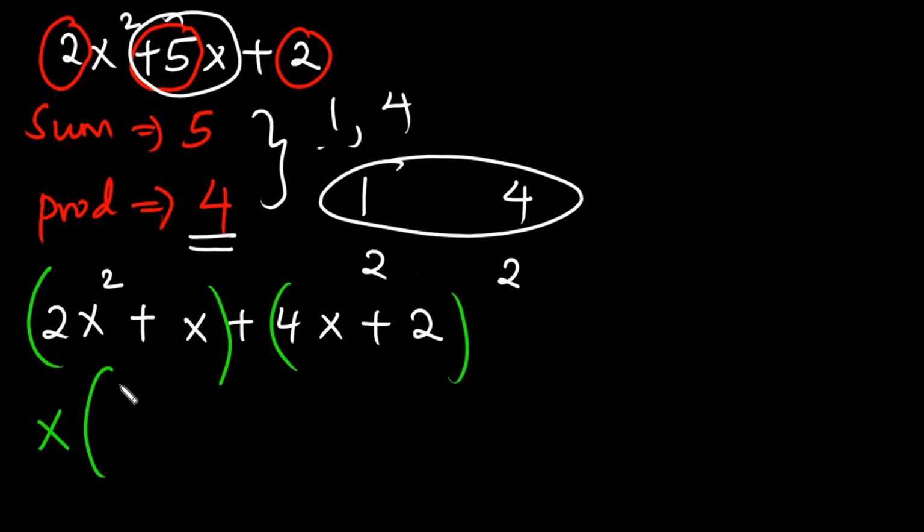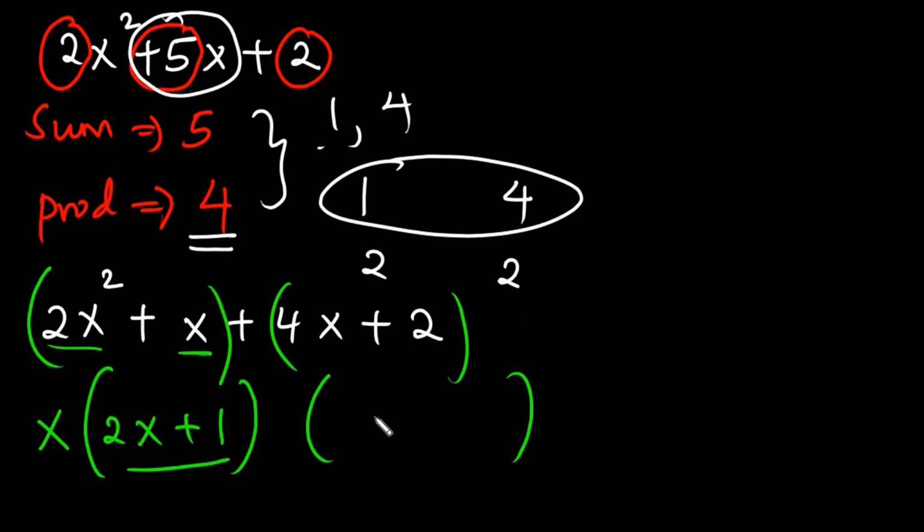And then inside the bracket, we're going to have 2x plus 1. Okay. So 2x times x is 2x squared. 1 times x is x. And then what we have here, that is 2x plus 1, we are going to have it here also, 2x plus 1.